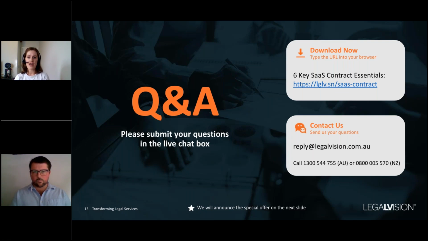And another, if you're relying on the SaaS platform for compliance reasons, for example, are you a healthcare provider and you're using this as your patient management system? You're going to want to make sure that they're complying with their privacy obligations and that they're providing warranties that they are indeed complying with the Privacy Act. So a few things to think about there when you are the customer in this situation.